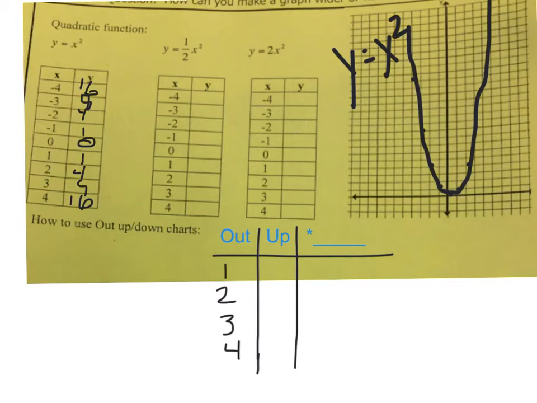So I'm going to multiply by a half or divide by 2. 16 divided by 2 is 8. 8 divided by 2 is 4. 4 divided by 2 is 2. 1 divided by 2 is 0.5. 0 divided by 2 is still 0. 1 divided by 2 is 0.5. 4 divided by 2 is 2. 9 divided by 2 is 4.5. 16 divided by 2 is 8.